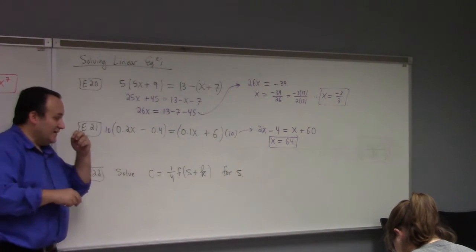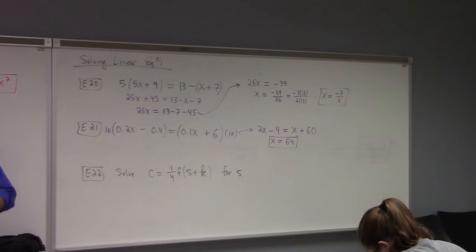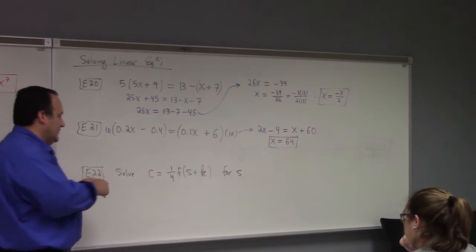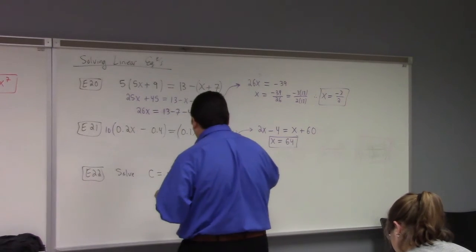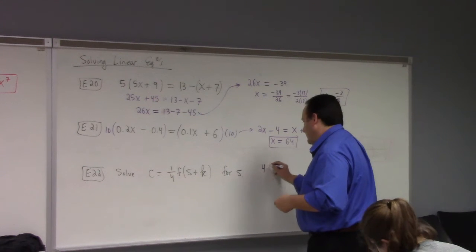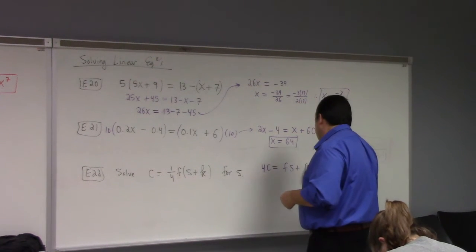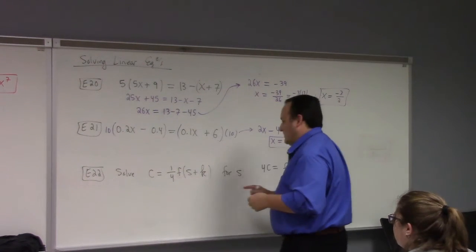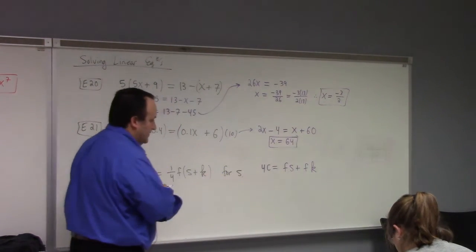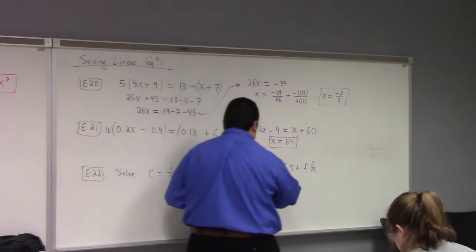Example 22, how would you solve for s? There are about 3 symbolic problems like this at the end of your homework, okay? So for these, you just isolate the thing you're trying to solve for, right? So we multiply by 4, and I get 4c equals f times s plus f times k, right? I just distributed this out. I'm trying to isolate s, so I want to subtract f times k to the other side.